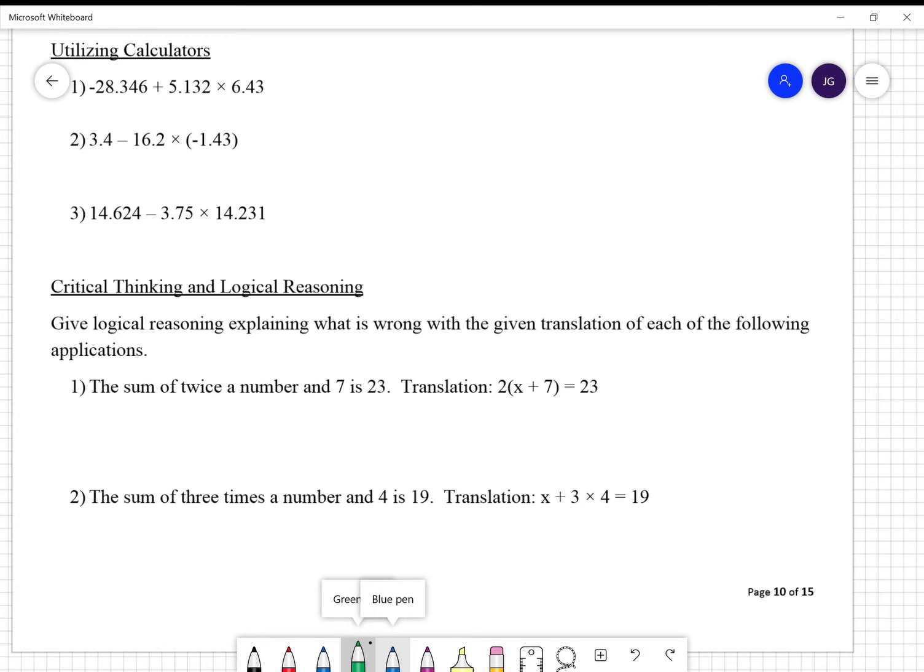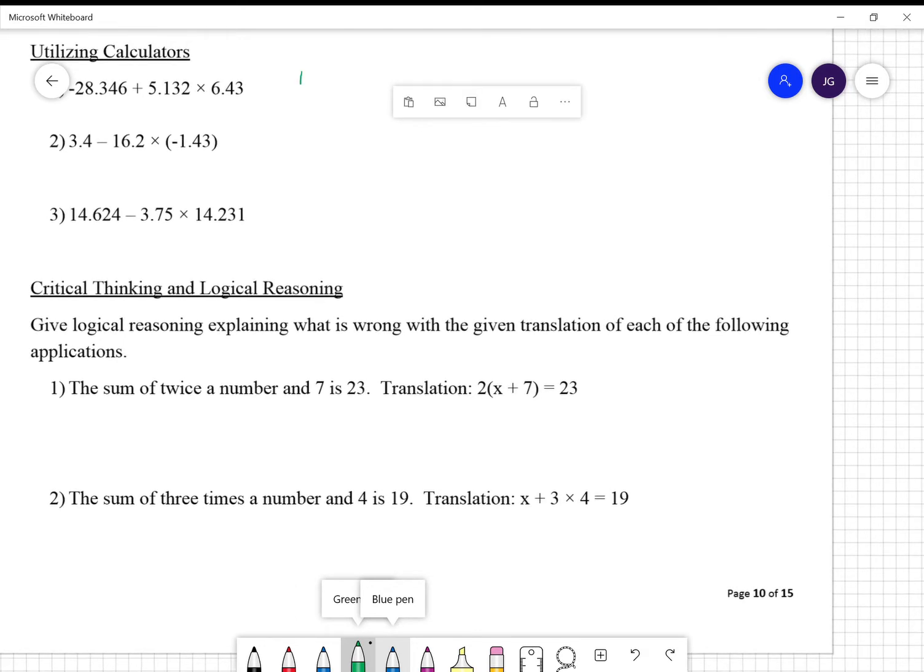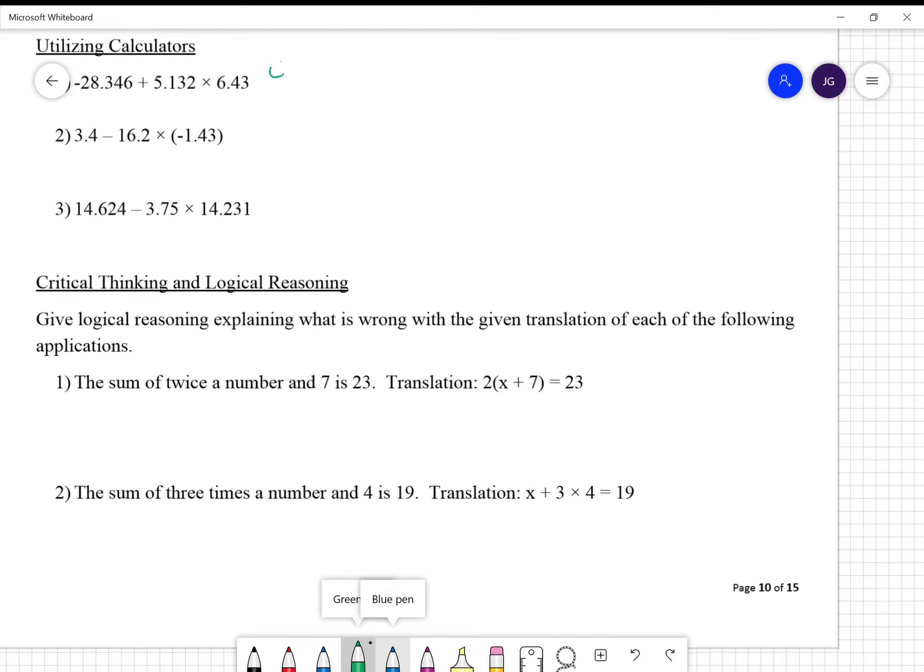First answer, 4.65276. If you rounded that, 4.7. The second problem is 26.566.